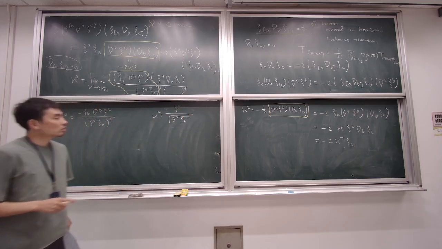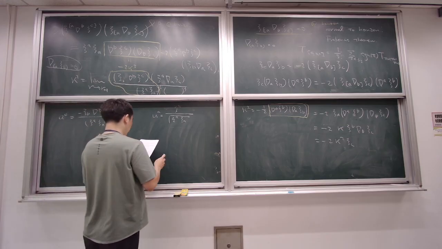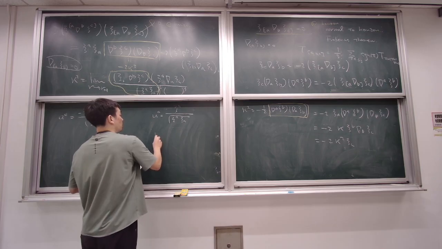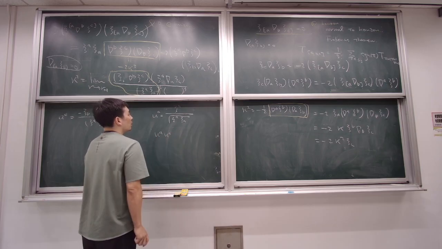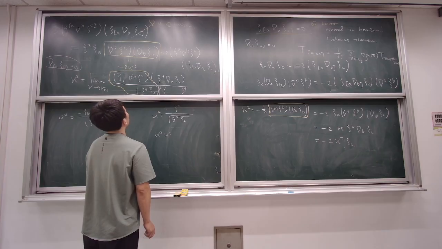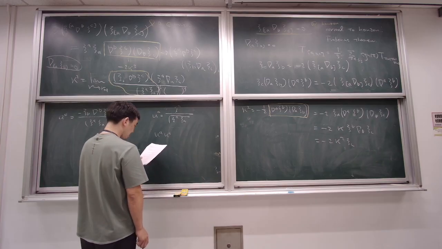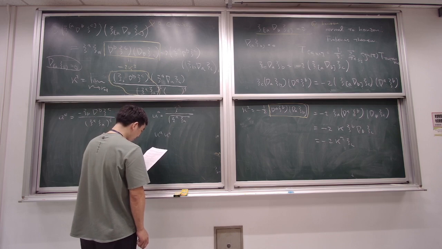So we normalize the unit vector so that u squared is u^A u_A. Somehow I made a mistake somewhere in the sign, I don't know where.